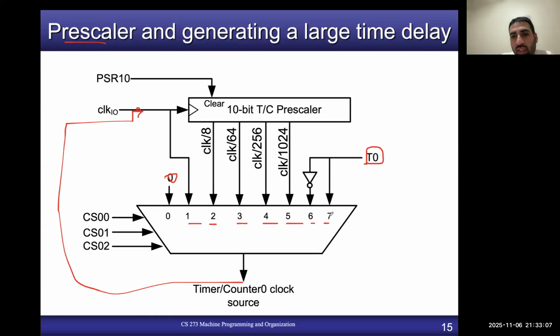If you select 7, whatever value is coming from the sensor will be used to control incrementing the counter. And if you use 6, the complemented version of the input will be used. So if you have input 0, then the output here will be 1, and there will be a positive edge. But if you have input 1, the output here will be 0, and then there will be a negative edge.